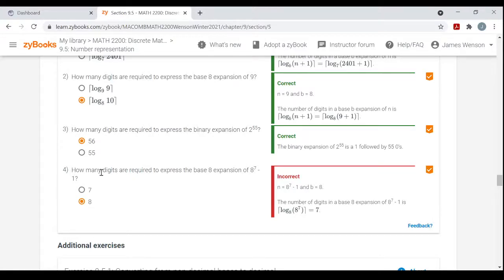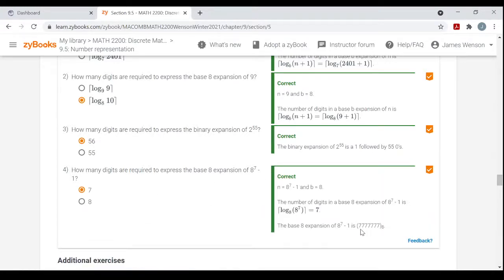It says how many digits are required to express the base 8 expansion of 8 to the 7th minus 1. Remember that 8 to the 7th minus 1 would be the largest number with 7 digits ever, right? See 7 sevens. Okay, I'm sorry, I didn't see the minus 1. I was jumping the gun there. But if it was just 8 to the 7th, it would be 1 with 7 zeros. Right, but then the minus 1 takes it to be the largest number, base 8, with 7 digits, and that would be the 7 sevens, like you see in the answer explanation here.